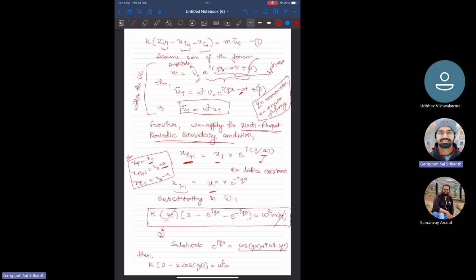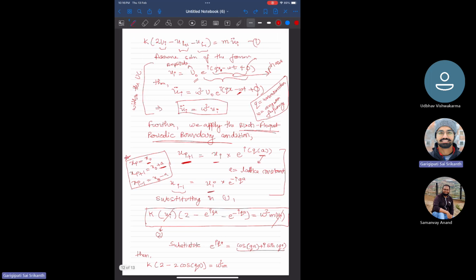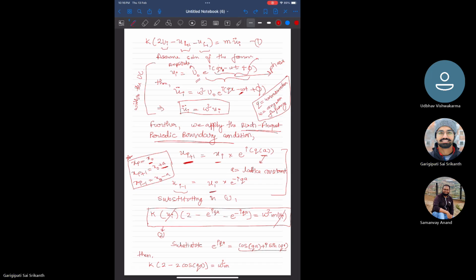Now, if we substitute these back into equation 1 here, we get an equation something like this, and then if we use Euler's formula, the formula is e to the power i theta is equal to cos theta plus i sin theta.